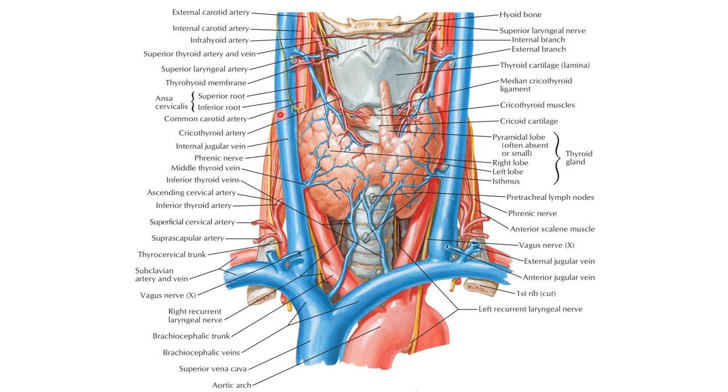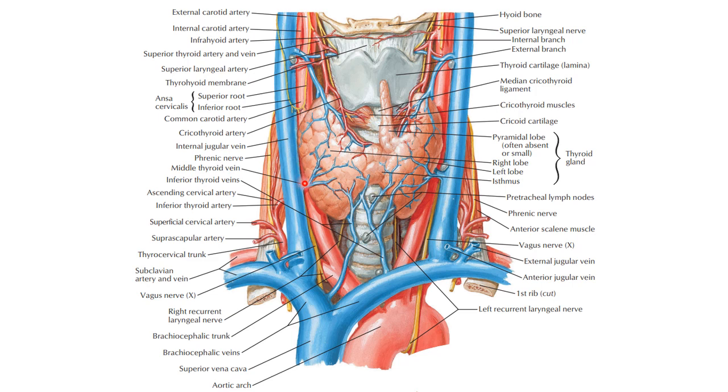So this would be the great vessels of the neck. You have the carotid artery, the internal jugular vein, and in the divide between the two, you will have the vagus nerve, which is this one. So medial to that bundle would be the lateral lobe, lateral aspect of the lobe of the thyroid gland.